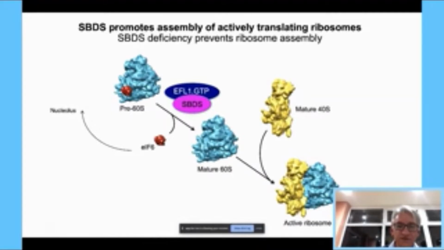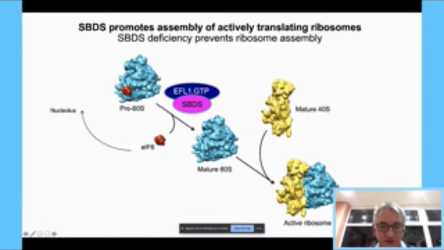What goes wrong in Shwachman-Diamond syndrome is that the SBS or indeed the EFL1 protein in some cases is deficient, and as a result EIF6 gets stuck on the surface of the large ribosomal subunit, and these two subunits can then no longer come together.